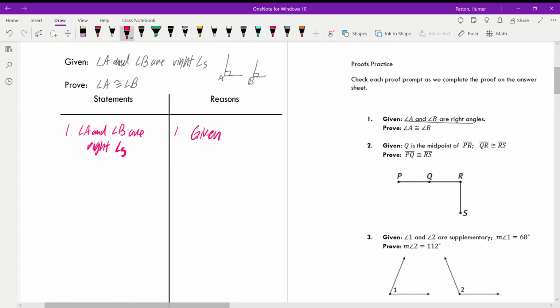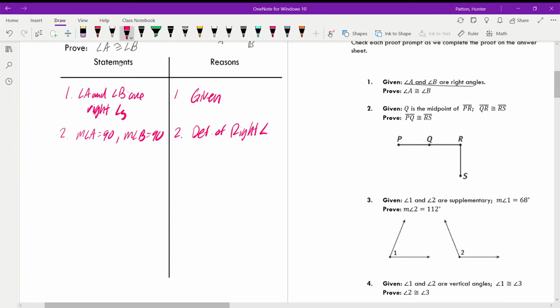If I know that angle A and angle B are right angles, then I know that the measure of angle A is equal to 90, and the measure of angle B is also equal to 90. That's by the definition of a right angle. The definition of a right angle says that if an angle is a right angle, then its measure is 90.